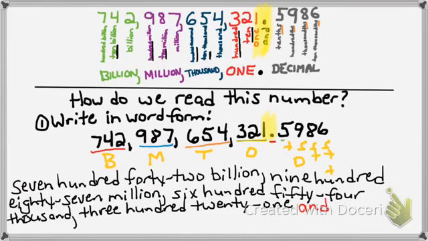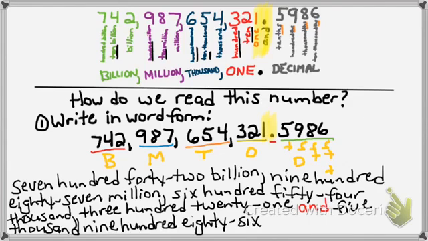And finally, I'm going to move over into my decimal column, 5986, and if I was reading that number, how would I read that number? I would read that number as 5,986. So I write it as I read it. 5,986.